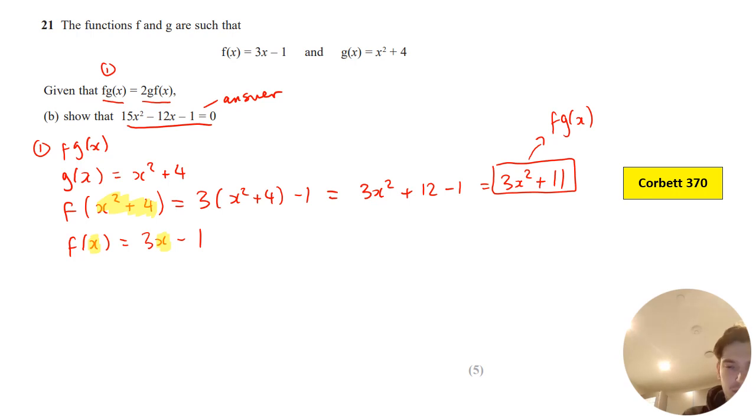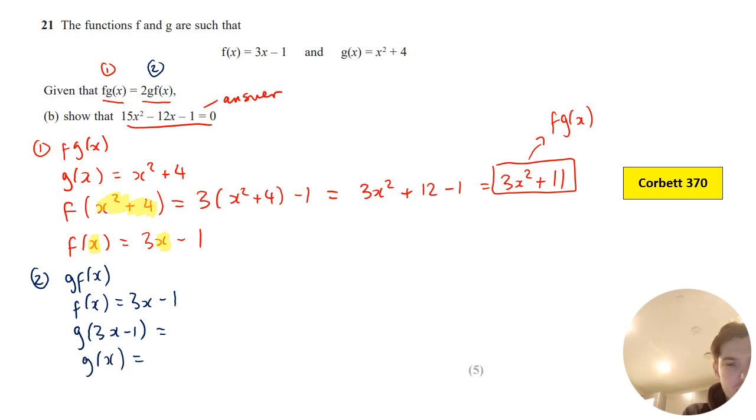Step 2. Let's work out not 2gf of x, but let's just work out what gf of x is. And then whatever I get, I'm going to multiply that by 2. Okay, so what do I do first here? Well, I'm going to do f of x first, which is 3x minus 1. And now I need to do g of 3x minus 1. So let's compare that to g of x, which was x squared plus 4.